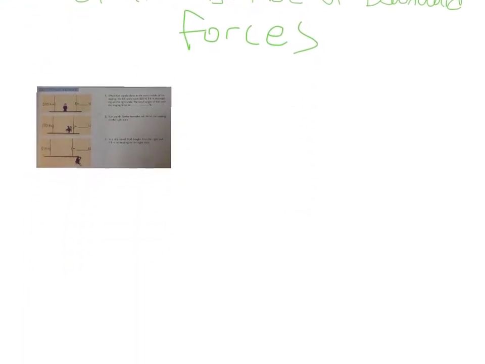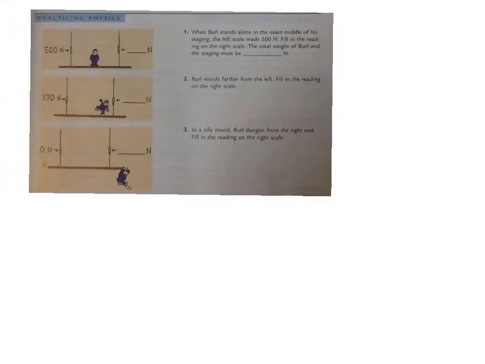But let's look at this situation a little bit further. So we've got Burl standing alone in the exact middle of his painter's staging, when the left scale reads 500 newtons. So let's fill in the reading on the right scale.